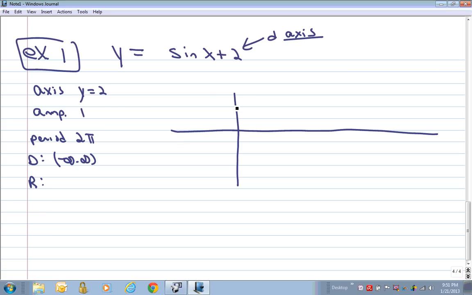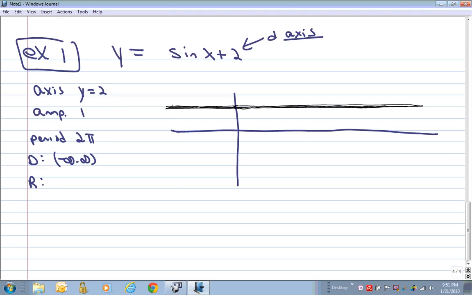So we're going to count up 1, 2 right here. And so I'm just going to draw my new axis here. I'd really like to draw that in with a really bold marker, but I can't get that bold marker right now. So I'll go over it a few times. But this is my new axis.